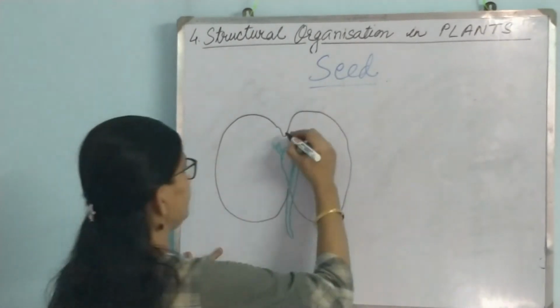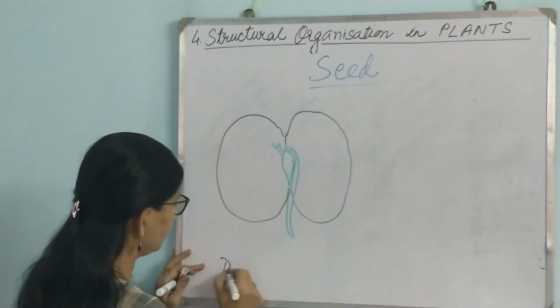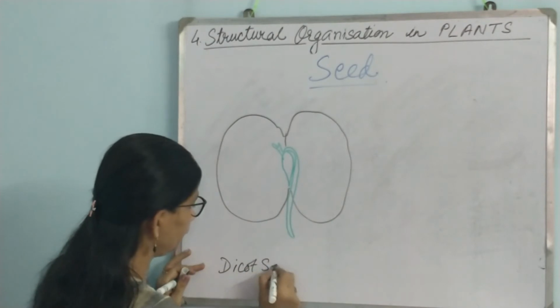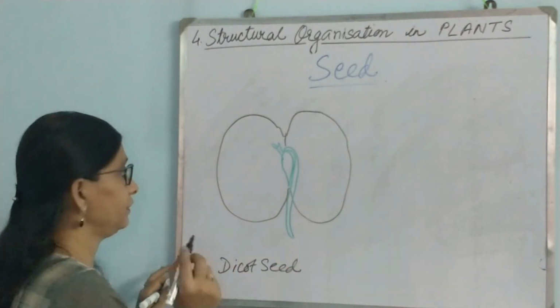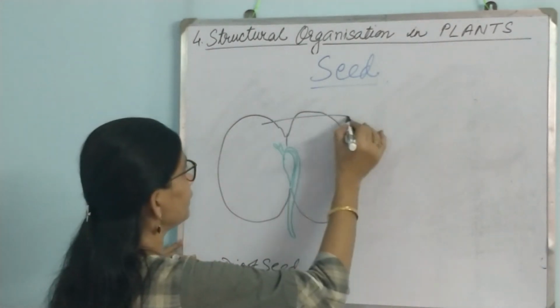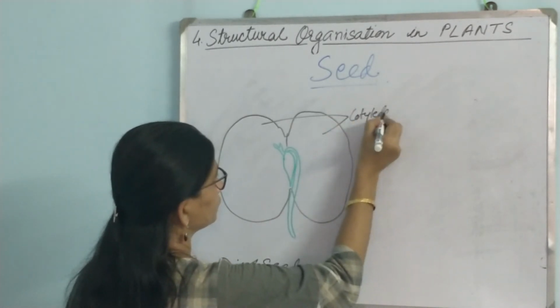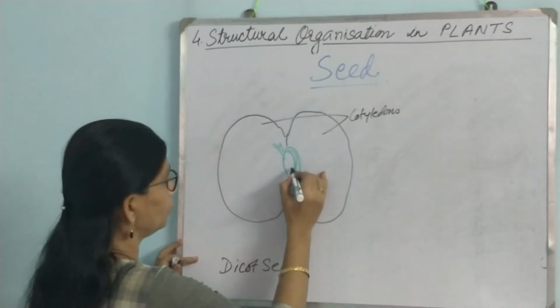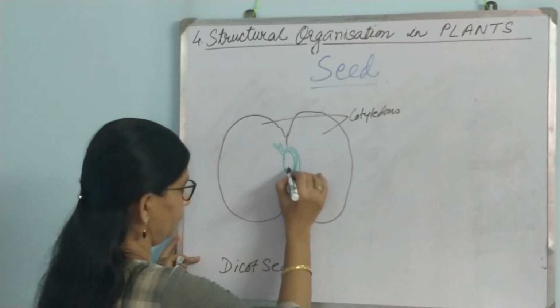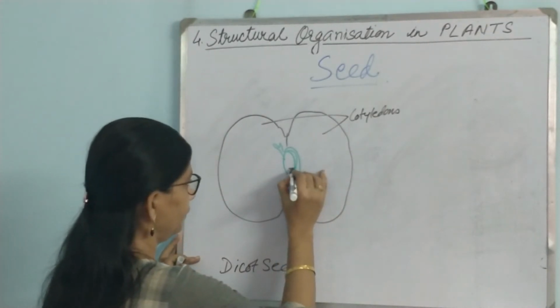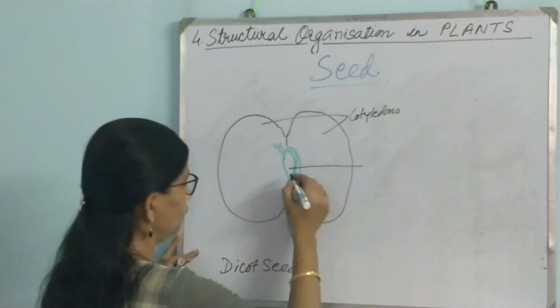So that's a basic diagram of dicot seed. Dicot seed. Now let us see the parts. These are the two cotyledons. Cotyledon. Now this is the developing embryo.